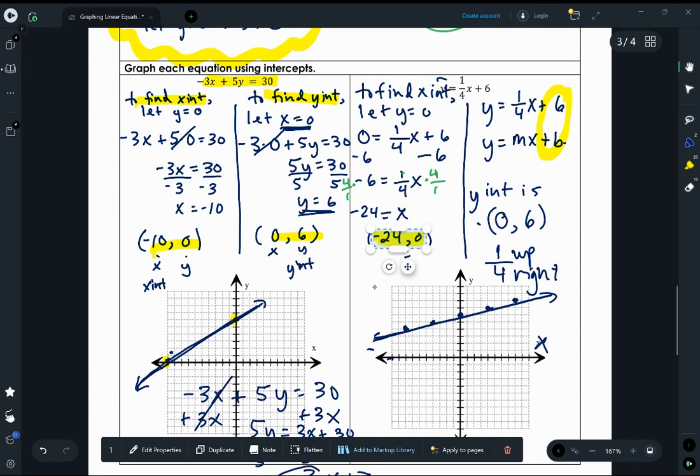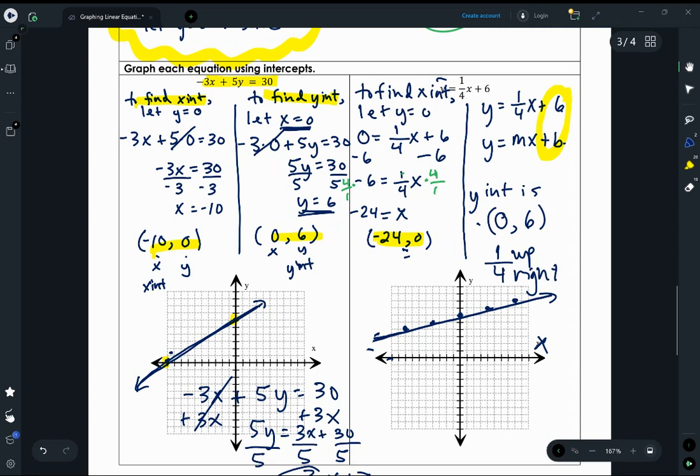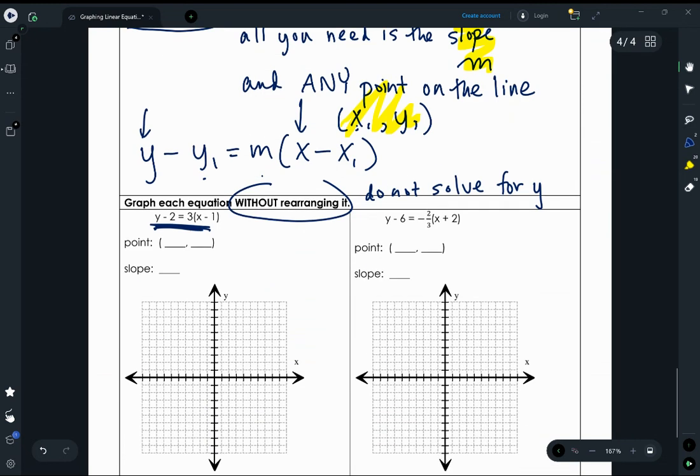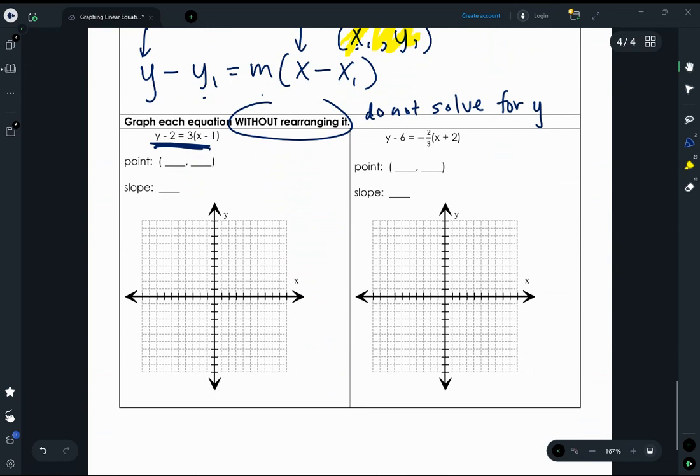And so using this method was more work. It didn't make sense. It was already in that slope-intercept form. But this one we don't already have in slope-intercept form. So to rewrite on this one, it's actually going to be more work. It's very easy to graph from point slope form.